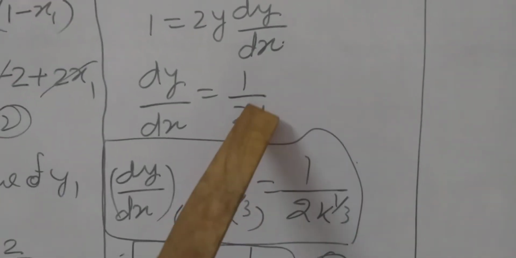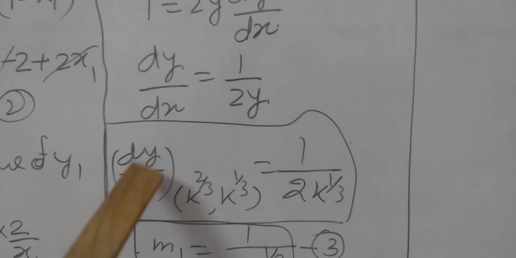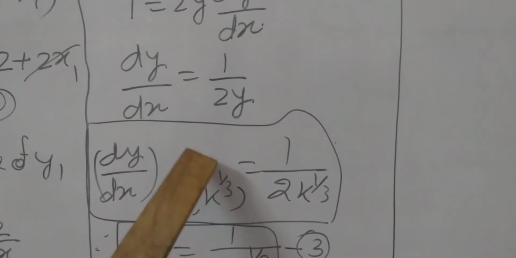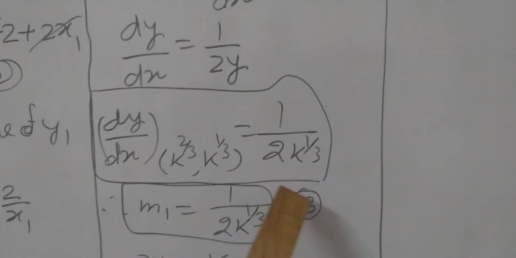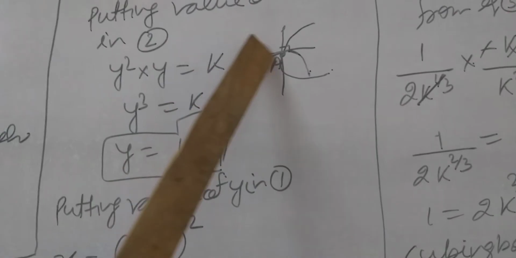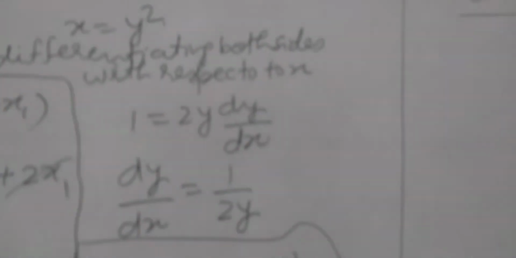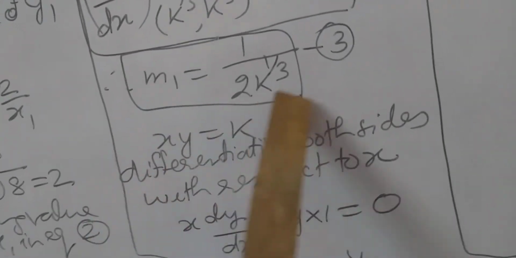Here we have to put the value of y. Value of y is k to the power 1 by 3. So dy by dx at the point (k to the power 2 by 3, k to the power 1 by 3) equals 1 upon 2 k to the power 1 by 3. So this is the slope of the first tangent. Okay, student. So let us suppose it as m1. This is the slope of the first tangent to the curve.